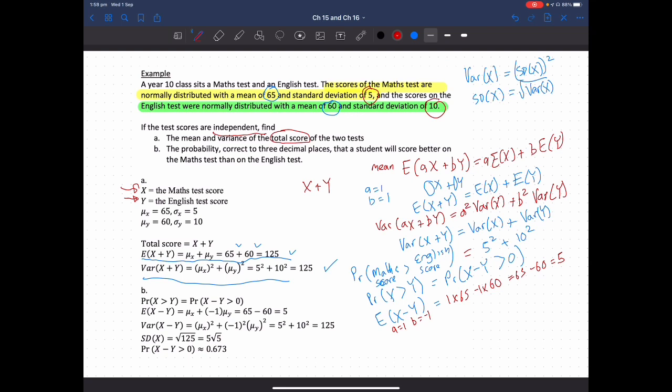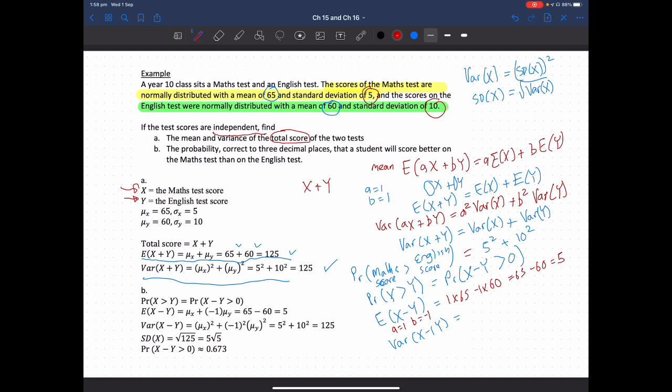Similarly with the variance. The variance of x minus y. We can look at that and say, well, the variance is a squared. A is 1.